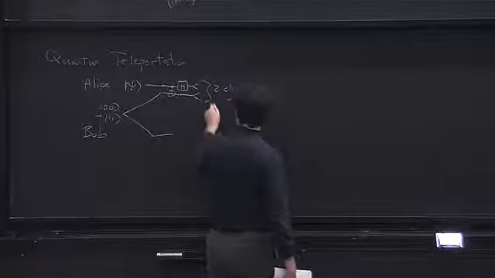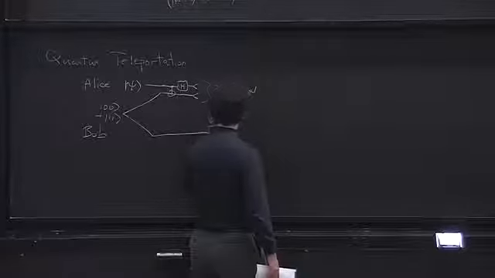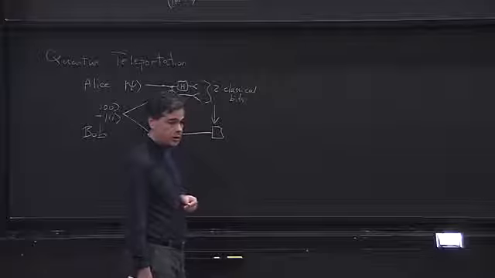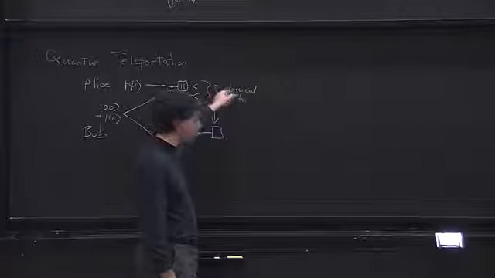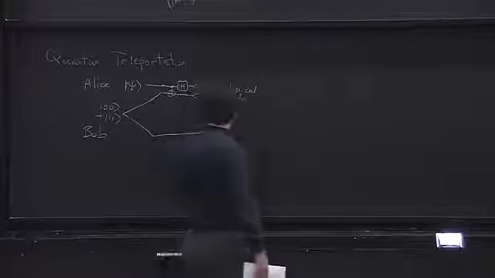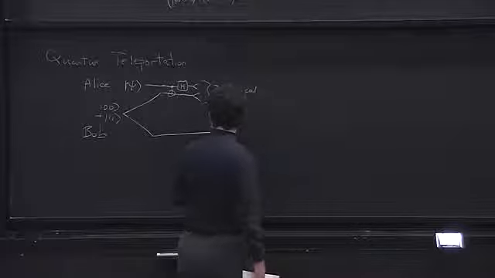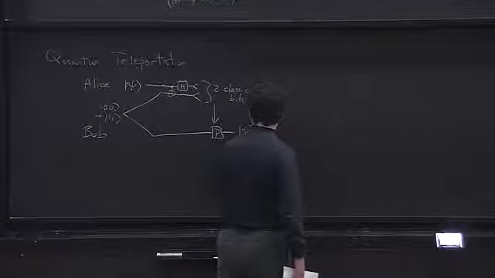And she sends them to Bob. And then Bob, based on those 4 possible outcomes you could get this way, right? 2 classical bits. And so he'll do one of the 4 Paulis, depending on which outcome it is. And then based on that, he gets back the original state psi, exactly.